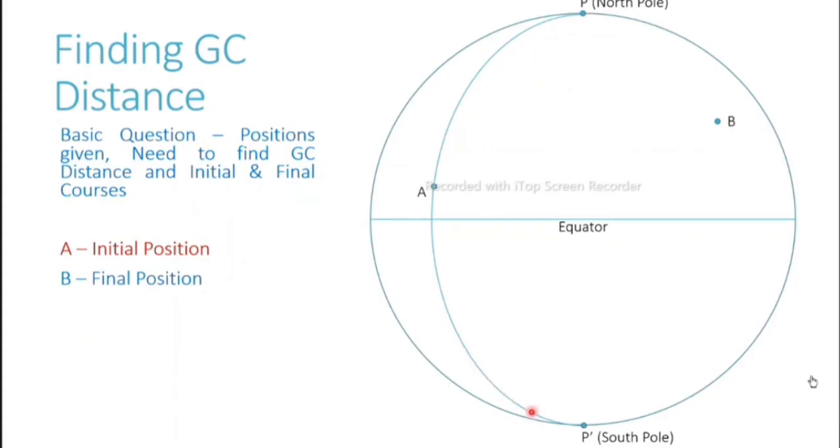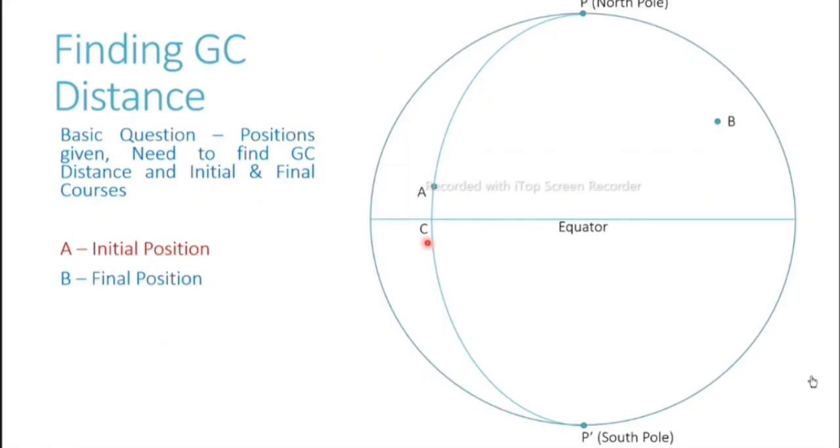This meridian passes from the North Pole as well as from the South Pole, and this meridian also passes from my initial position A. So this is my initial position A's meridian. Now this meridian cuts the equator at a particular point. Let's name that point as C. So we have the C point on our plot now.